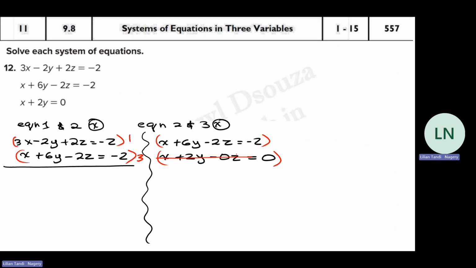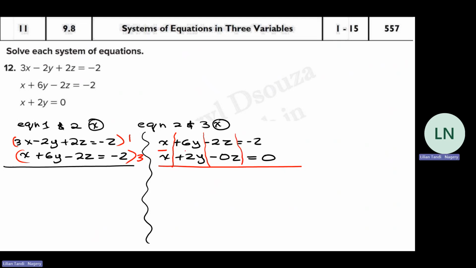I'm supposed to put a line here. So here you're not changing the coefficients because the x's are already the same. So you just go to your houses. No need of doing distributive property.